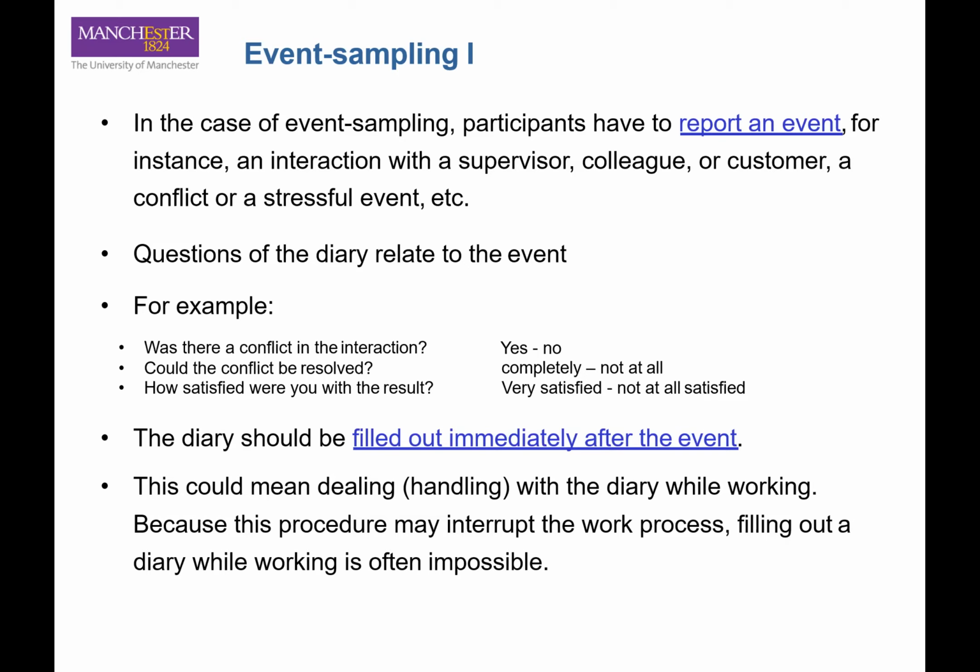Because this procedure may interrupt the work process, and filling out the diary while working is often impossible, because the work is ongoing, it is not feasible to ask respondents to report immediately after the event happens. So this may be one of the problems that we should consider when we are using event sampling.